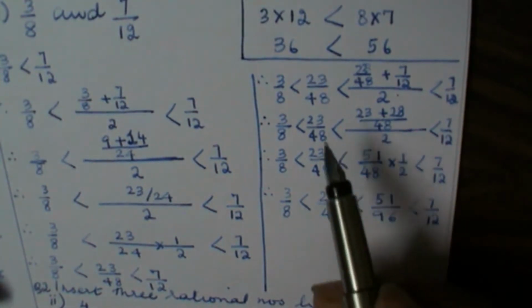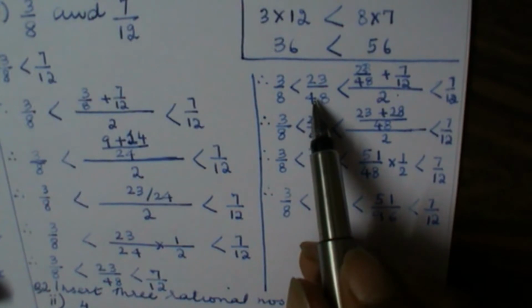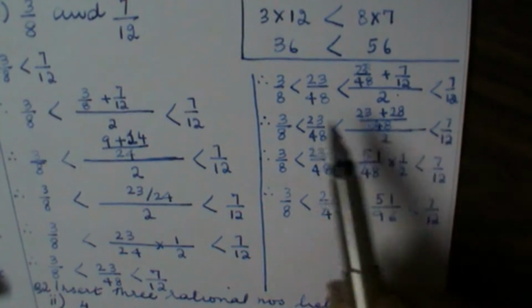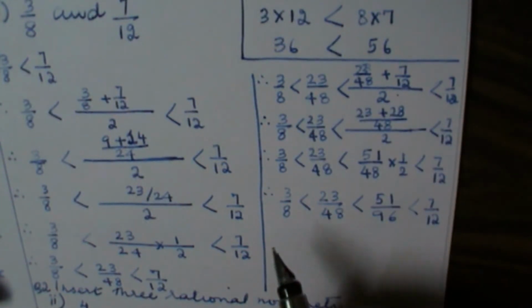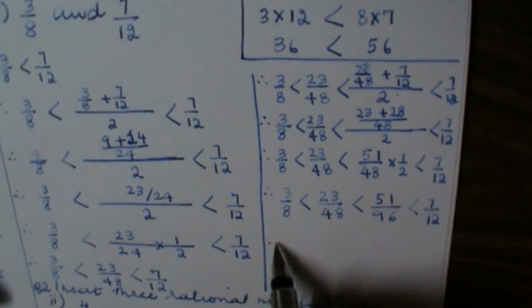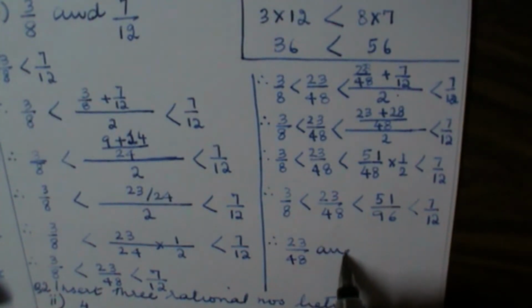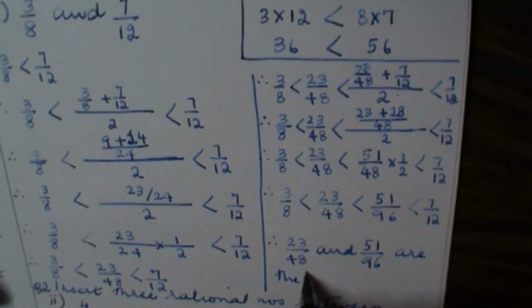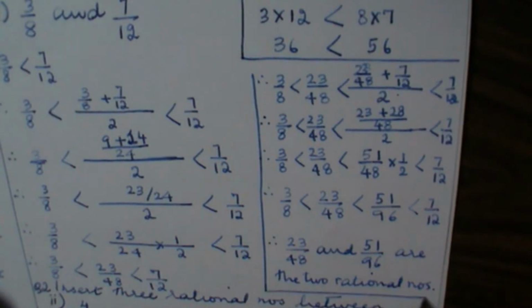Now out here we could have taken the average of these two also instead of taking the average of these two. Either way you will get your correct numbers. Therefore 23 upon 48 and 51 upon 96 are the two rational numbers, and that is your answer.